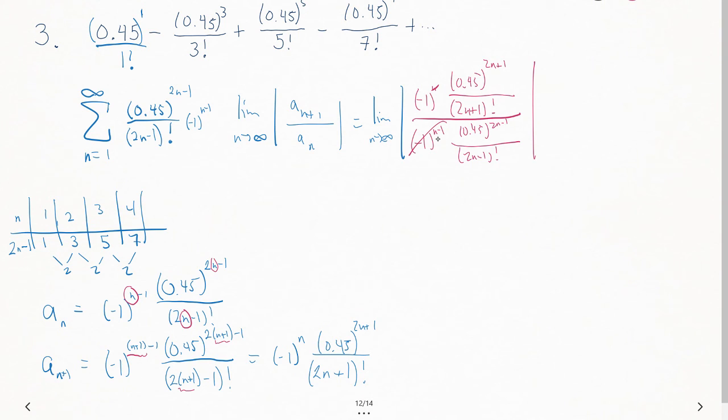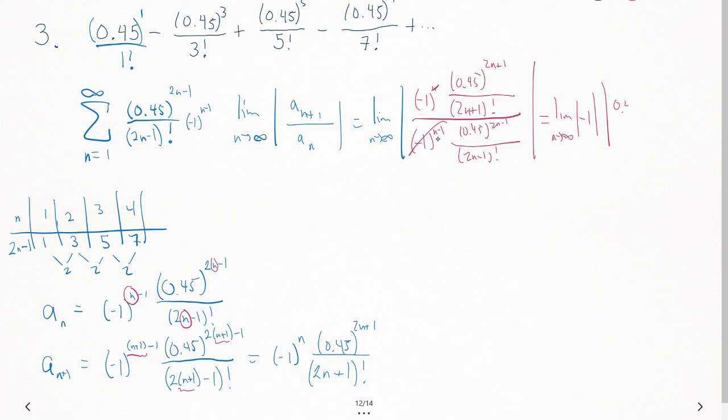Then we'll line up this stuff so the rest looks pretty nice. The reason I messed around with the -1 is that you can break this up into different absolute values since they're all going to work out to be positive. So limit as n goes to infinity of -1, the absolute value of that. Let's group the 0.45s together.